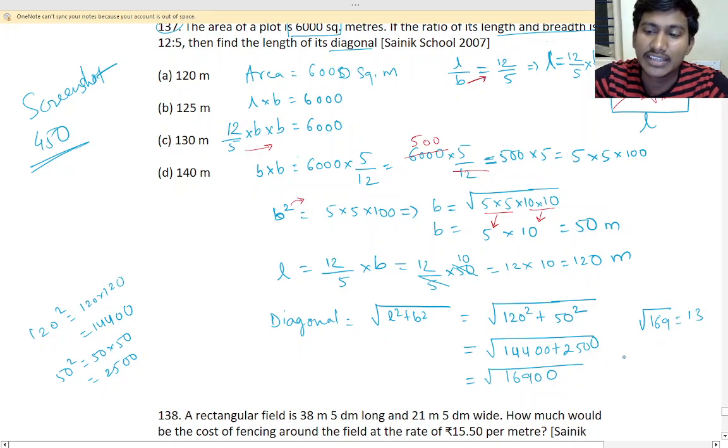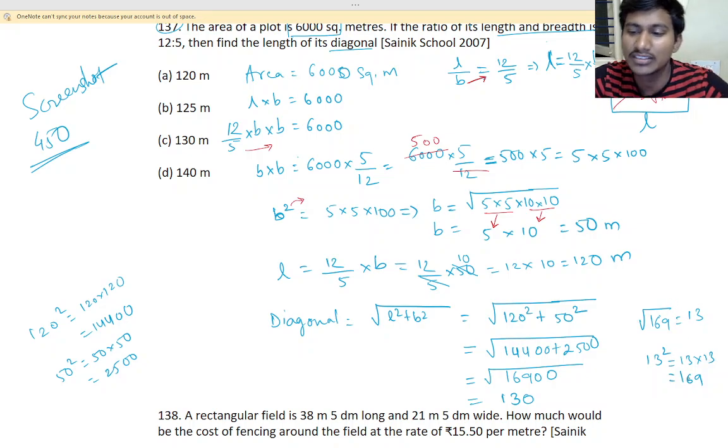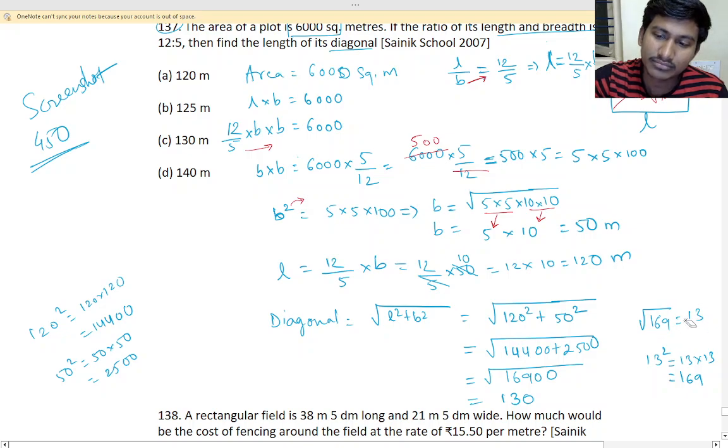So square root of 16,900 will be 130, because 13 square, that is 13 into 13, is how much? 169. So square root of 169 is 13. So that is why 130 will be the answer here.